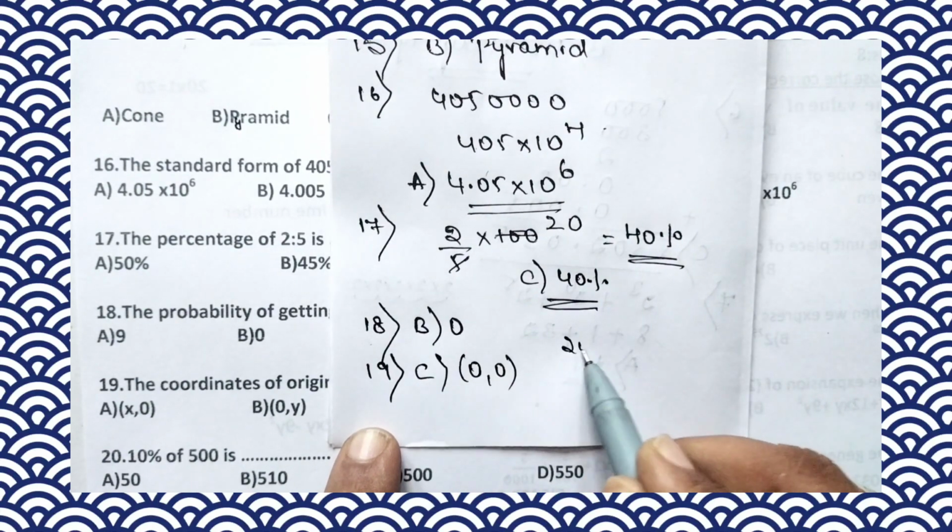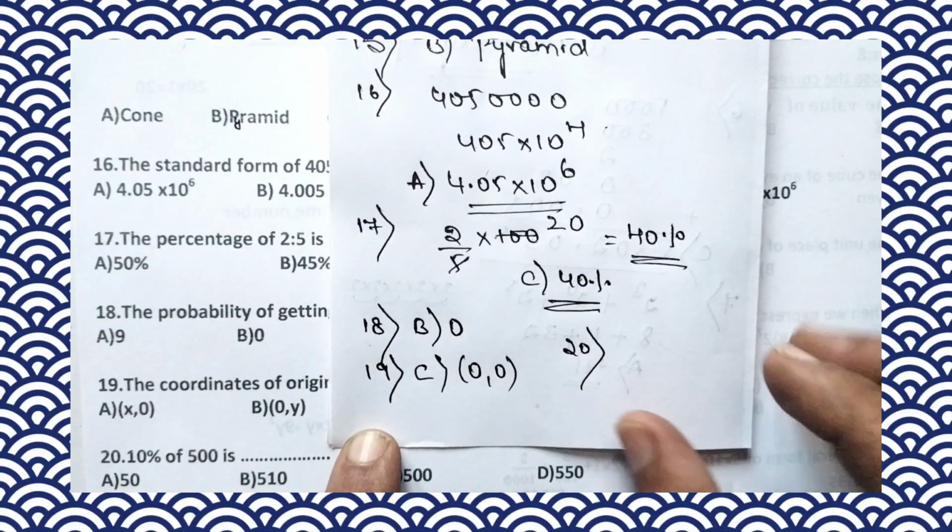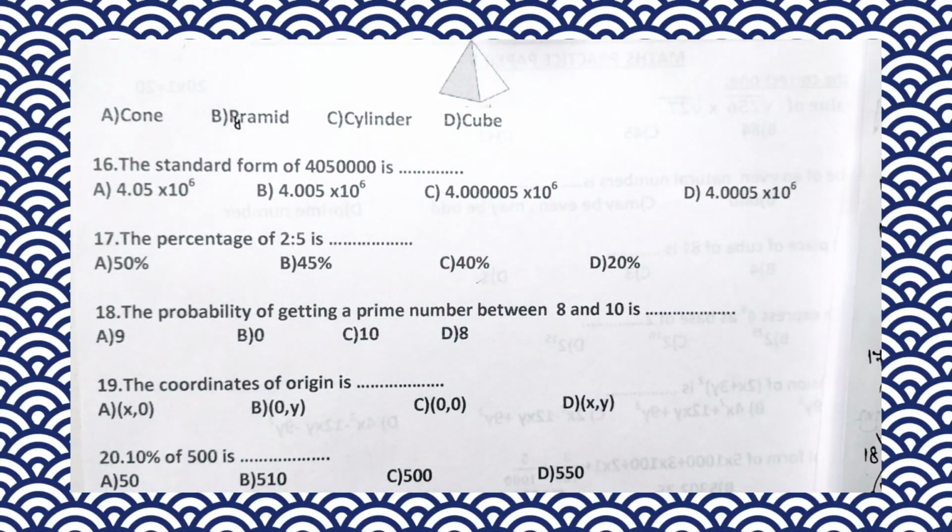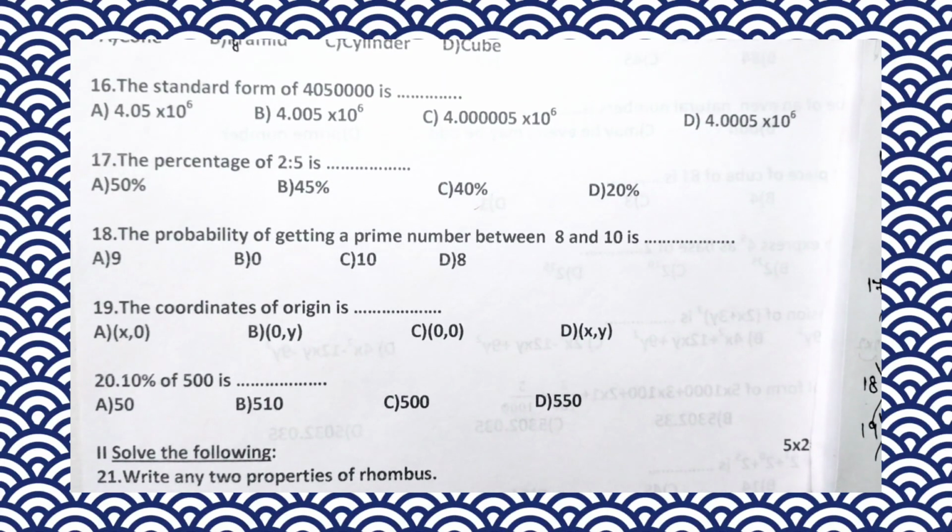Now let us answer the last MCQ question, that is the 20th question. 10% of 500 is dash, he has asked. The options are 50, 510, 500, 550.